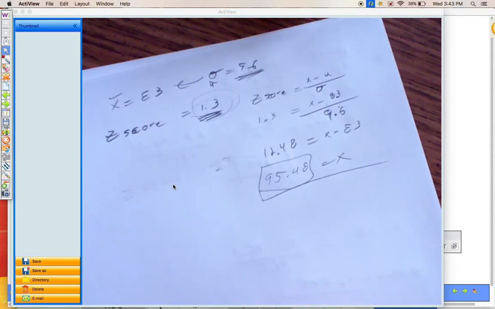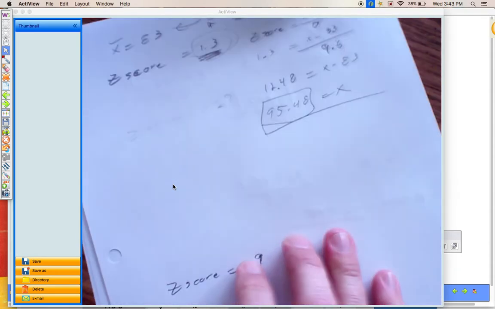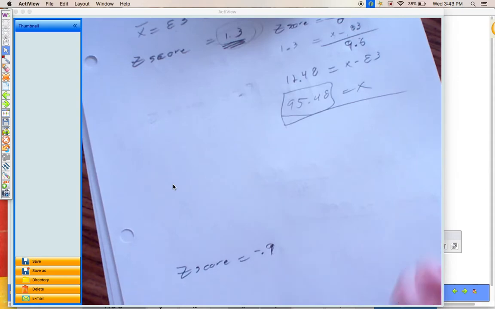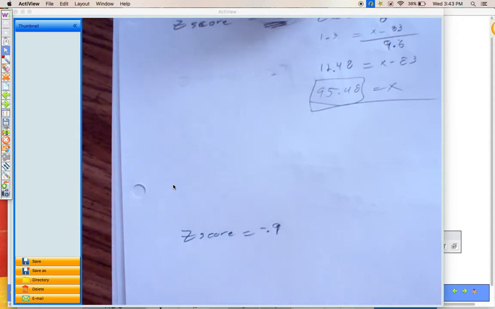All right, the next one, a z-score of negative 0.9. Do the math, see if you can find it.